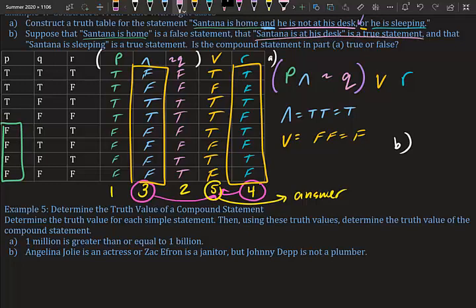So that's true of Q. So now we're here. Then our last statement is the R, which is Santana is sleeping, is true. So that's right here. So if we take a look, would it be a true or a false statement? It is a true statement. So the answer column, that's what you're going to look at. It is a true statement.